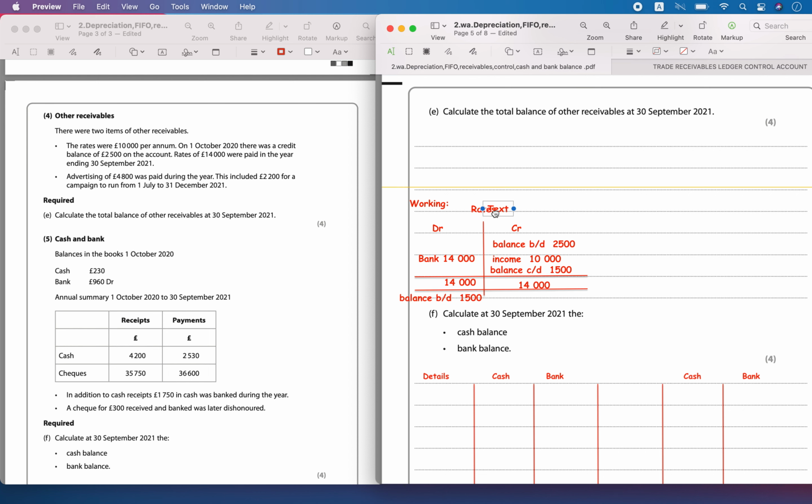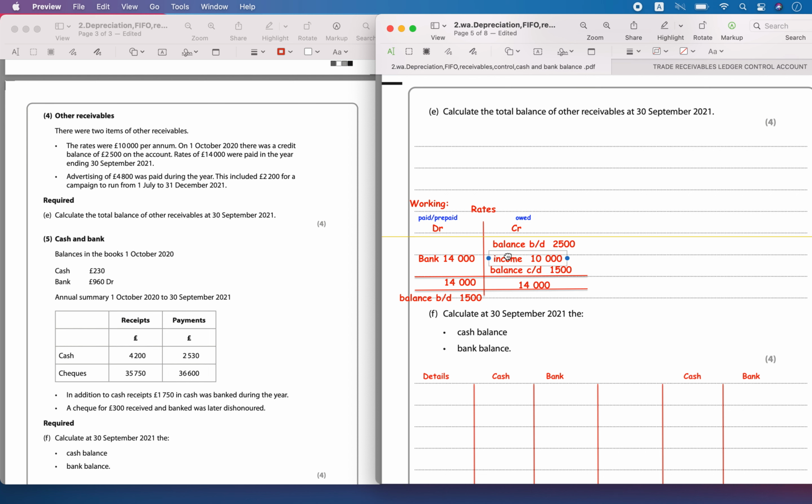So you should remember, because this is an expense account, anything paid and prepaid through the bank is going to appear on this side, and any owed expenses are going to appear on this side.